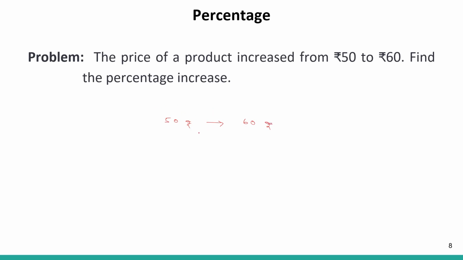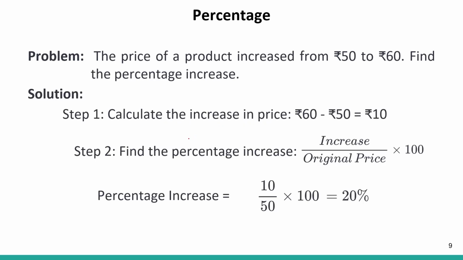Find the percentage increase. How to find it? Step one is to calculate the increase in price, that is 60 minus 50, which is 10. The percentage increase is the increase divided by the original price. The original price was 50 because initially it was priced at 50 rupees.